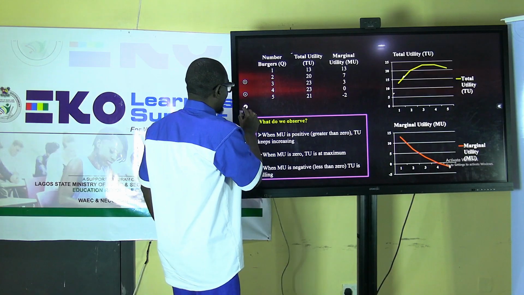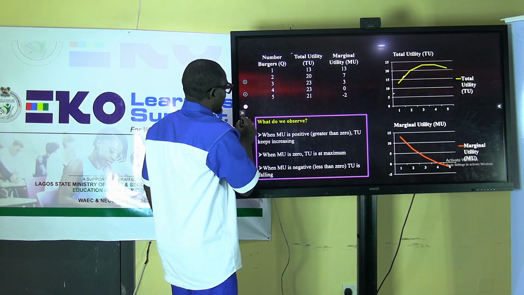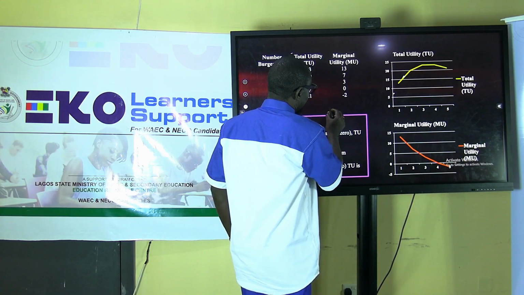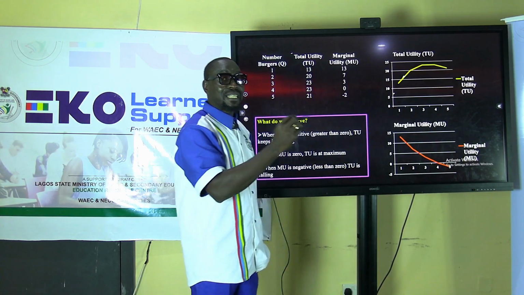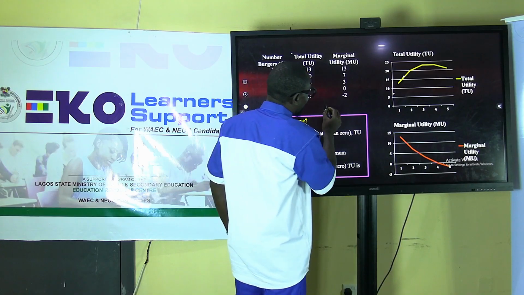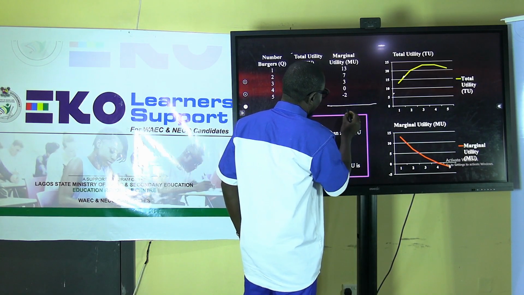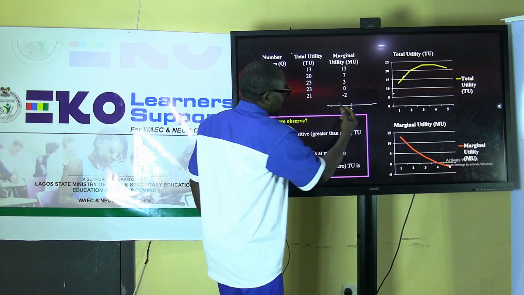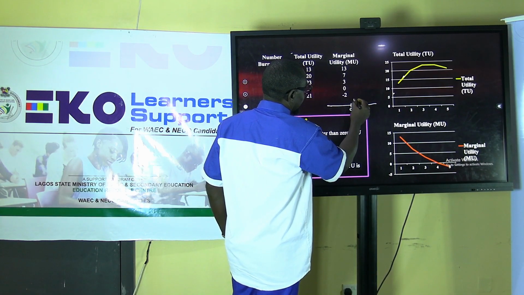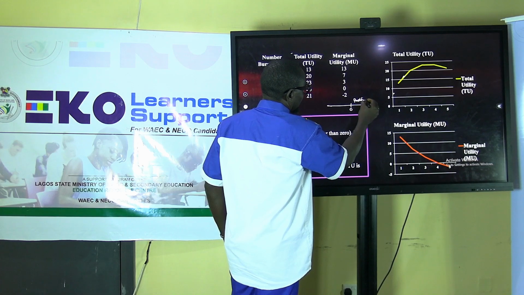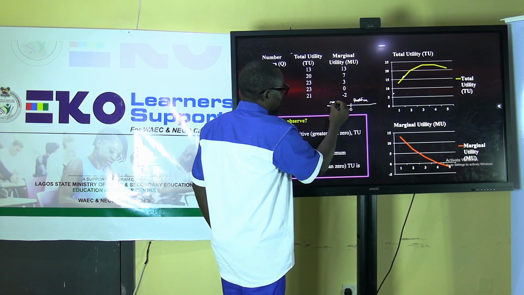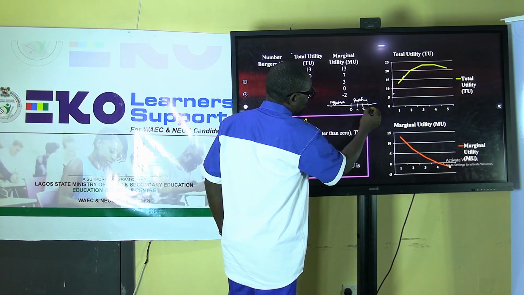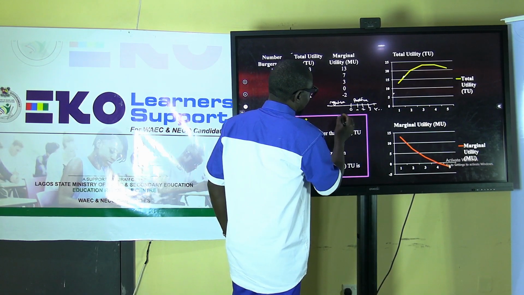Now let's go to a number line. When we say marginal utility is positive, it means it is greater than 0. So if you use a number line, let me put a number line here, where you have 0. To the right, you have positive numbers, and to the left, you have negative numbers. So we can have 1, 2, 3, 4, and so on.